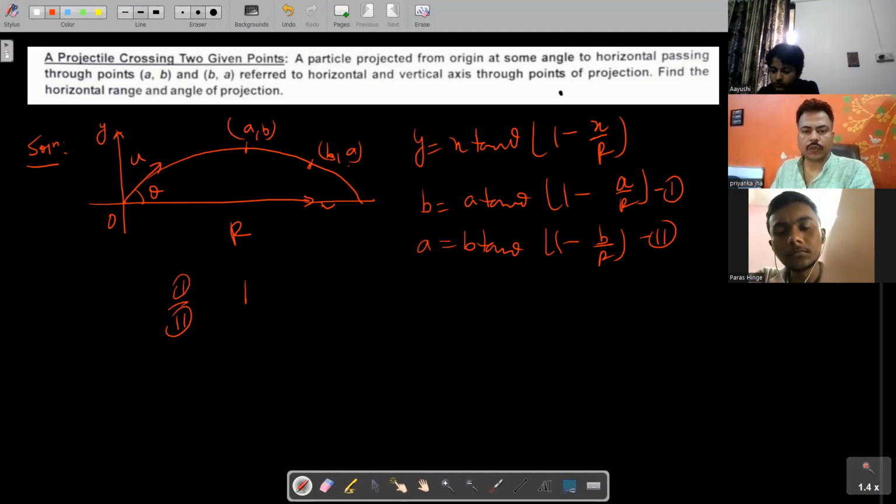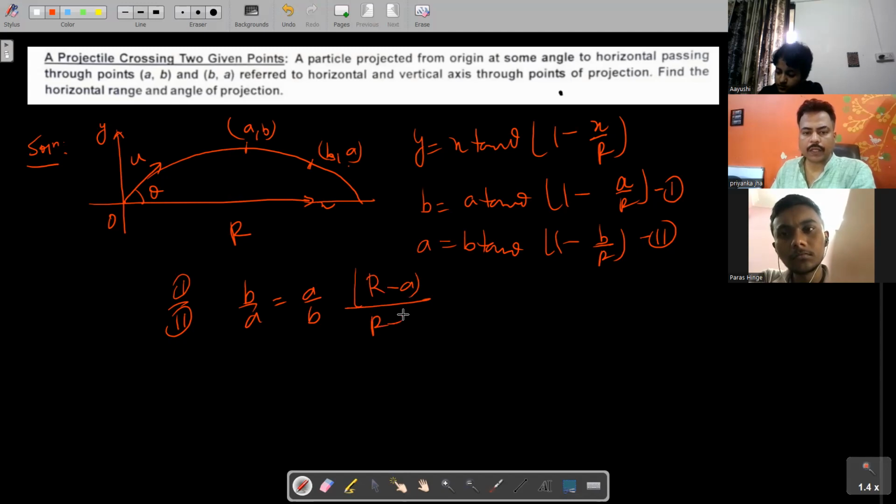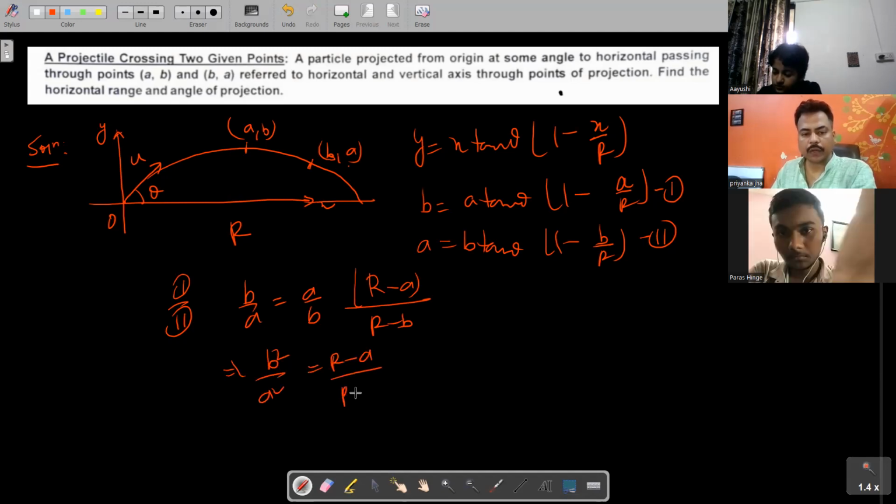Just divide it. So this will be B by A equal to A by B, tan theta cancels, and 1 minus A by R, or you can take LCM as well. So this is R minus A upon R minus B, and 1 by R will cancel. So this will be B square upon A square equal to R minus A upon R minus B. Cross multiply: R minus B into B square equal to R minus A into A square.